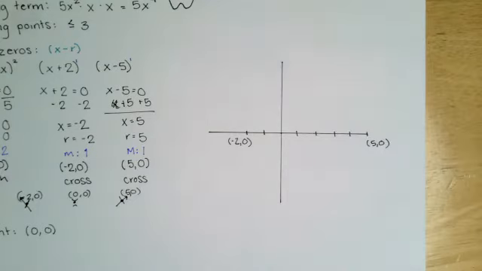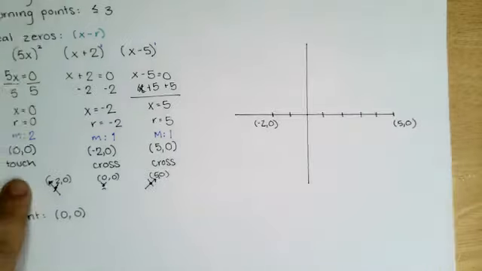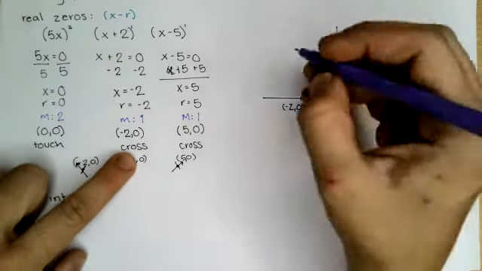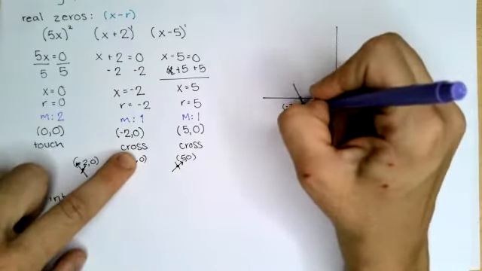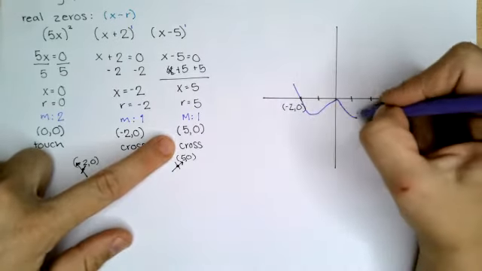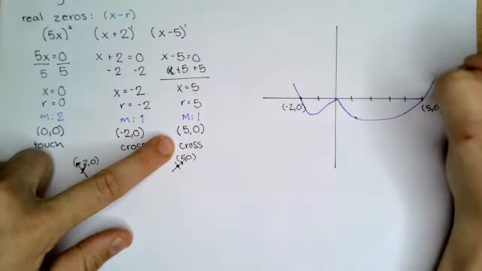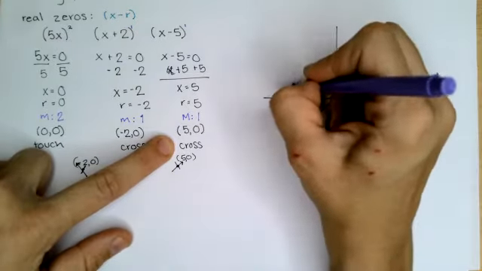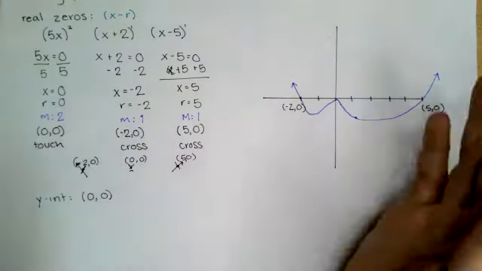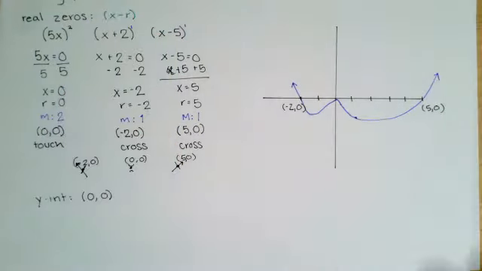And here's 5, 0. We said we are touching 0, 0. We are crossing at -2, 0. And we are crossing at 5, 0. We don't really know how far down they go, but we know where they touch and where they cross and that they open up. Good.